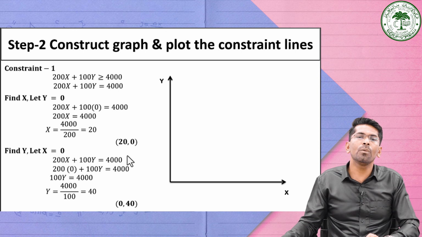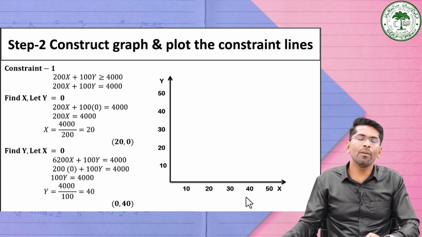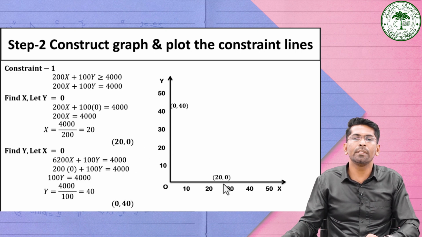Now we want to plot these coordinate points on the given graph. Here the scale points lie between 20 and 40, so we are considering 0, 10, 20, 30, 40, 50 on both axes. Then we mark 20, 0, which means when y is equal to 0, x is equal to 20.